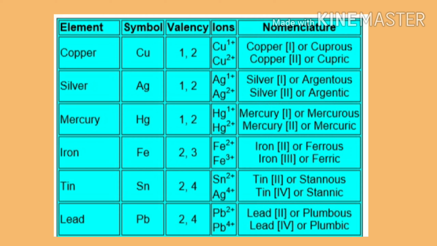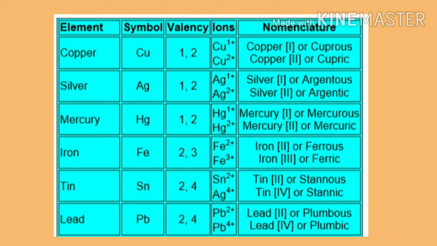And like that, mercury. Mercury's symbol is Hg, and it has the valency 1+ and 2+. Like iron, iron has valency 2+ and 3+. So the lower valency ends with OUS, that is ferrous, and the higher valency 3+ ends with ic, ferric.